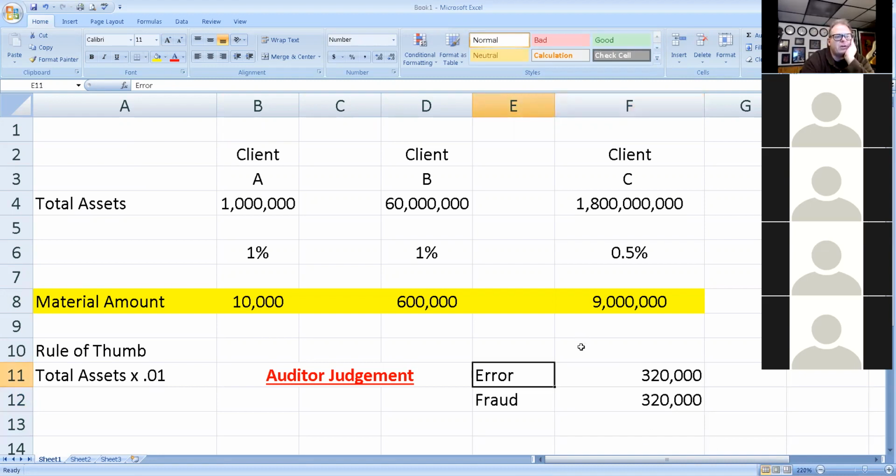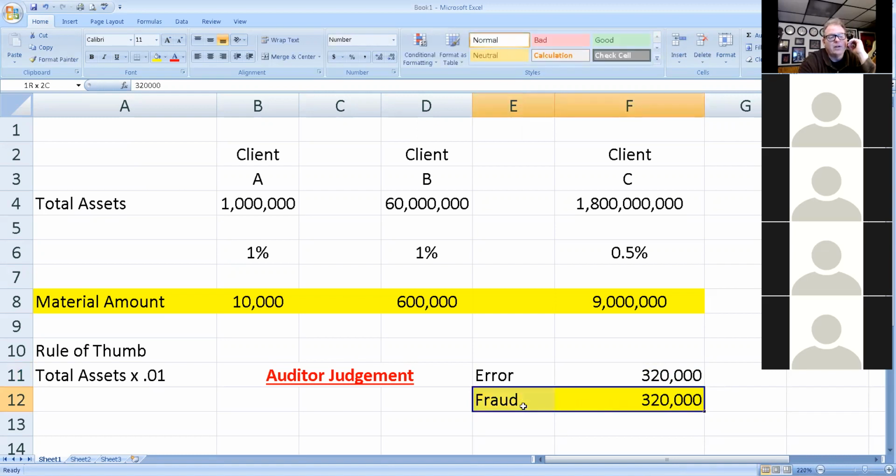Which one of these is more concerning? The fraud. Yeah. This is someone intentionally misstating the financial statements. An error is, in this contract, we did this, we thought it was this, it's not, whatever it is. So an error is generally going to be a less severe thing than a fraud.